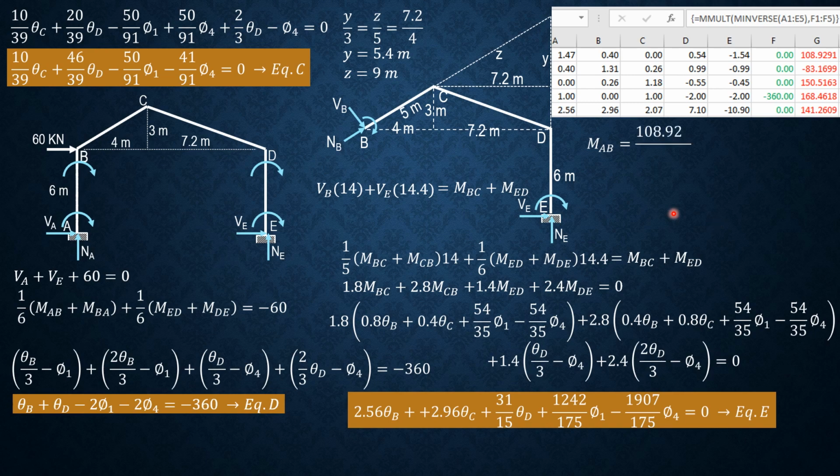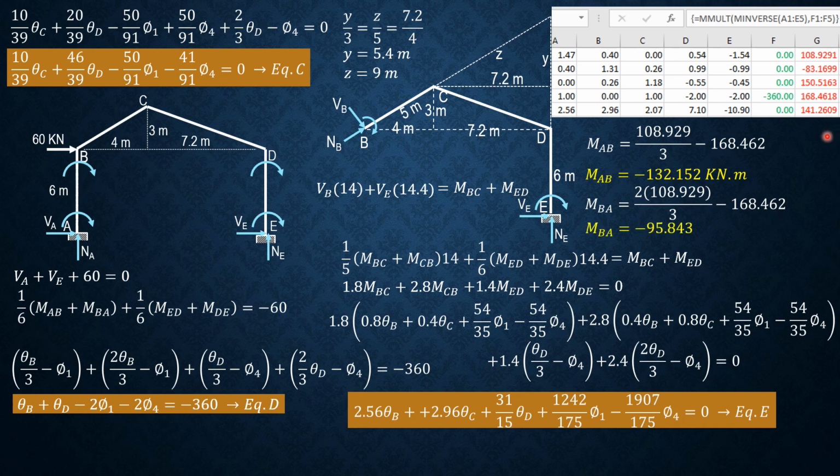Therefore, MAB is equal to theta B over 3 minus P1. This is theta B over 3, then minus P1. MAB equals negative 132.152 kilonewton meter. MBA is equal to 2/3 of theta B minus P1, so 2/3 of 108.929 minus 168.462.